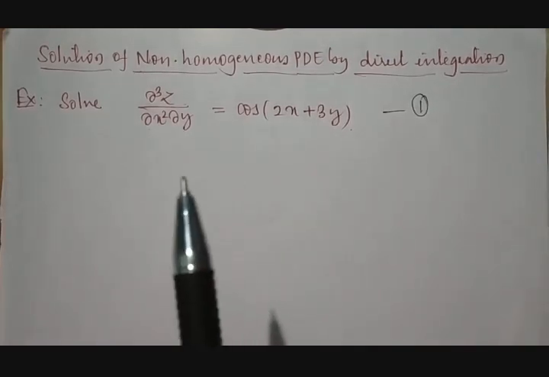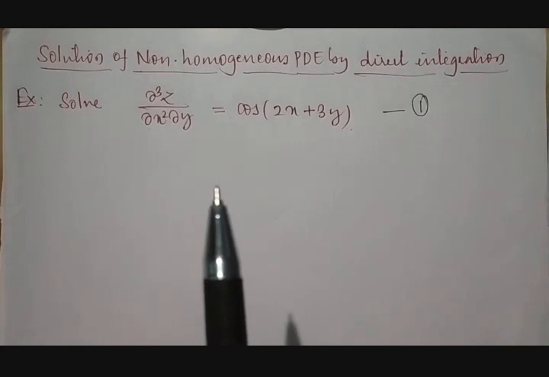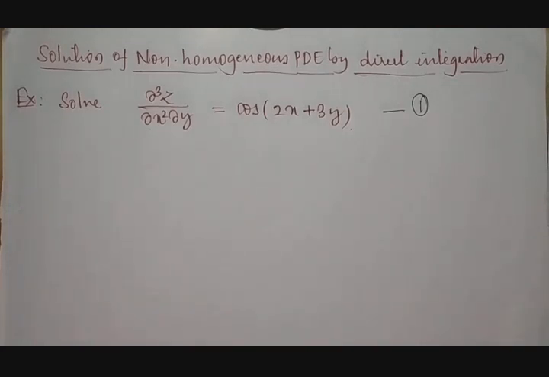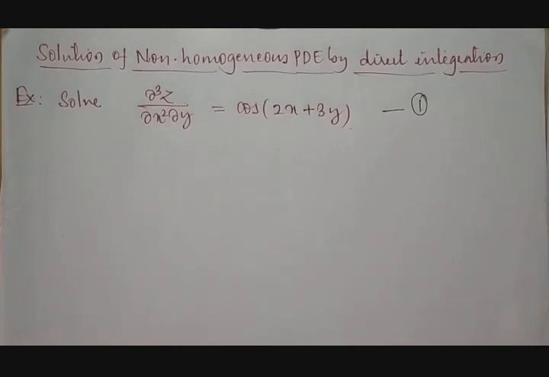But one thing to be taken care of: when we are applying the integration, we must introduce an integration constant. But that integration constant should not be an arbitrary constant like that used in an ordinary differential equation.